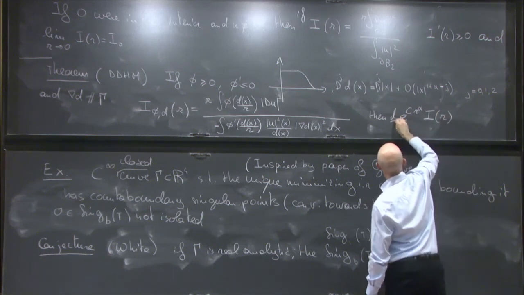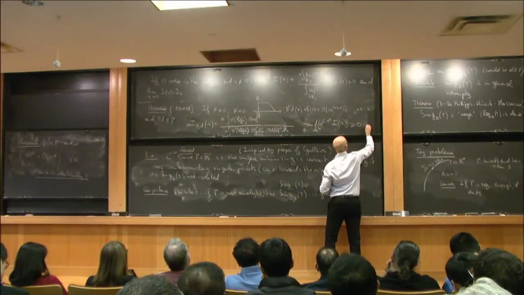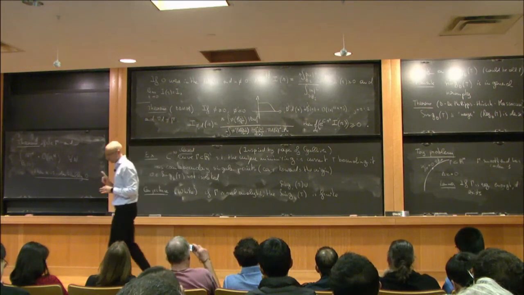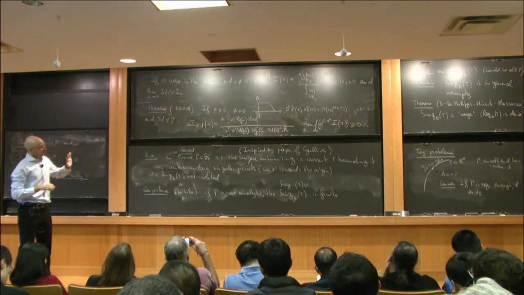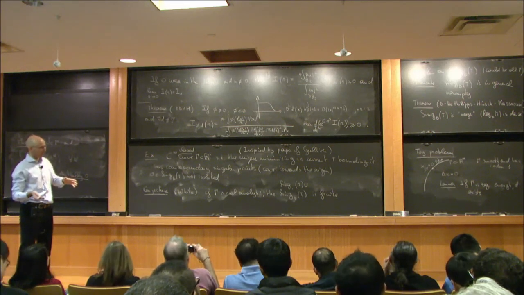So this one is monotone. And so this is the main reason why we can then carry on the other half of the proof.